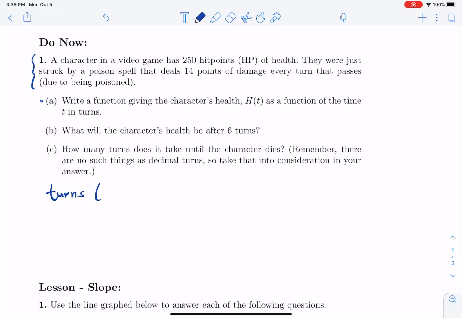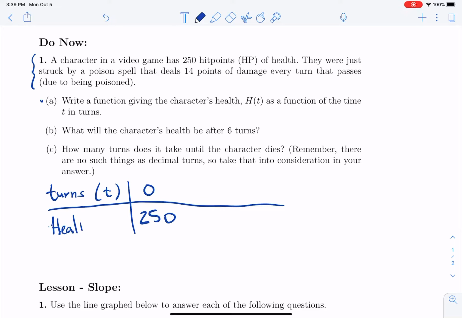Before I even start my first turn, so when I'm in turn 0, how much health do I have? Well, you're right. You have 250 hit points of health. Now, we're going to call that our health, and remember, that is h of t.